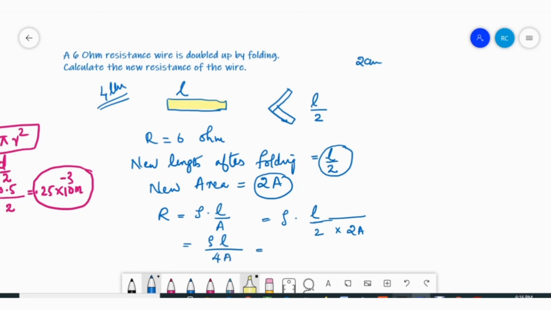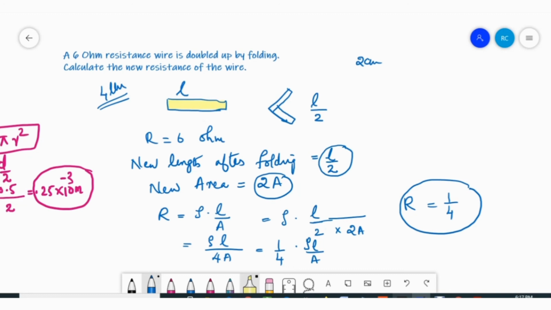If you keep the constant a little away and make 1 by 4 near to the rho, you will get 1 by 4 into rho L divided by A, which means R is 1 by 4th times reduced if the length is L by 2.